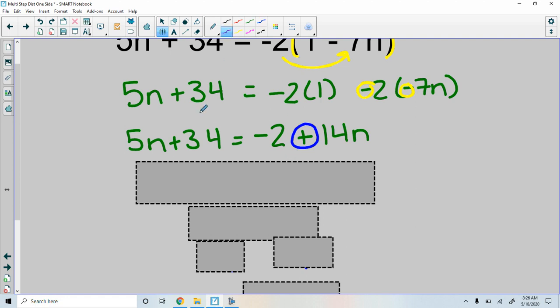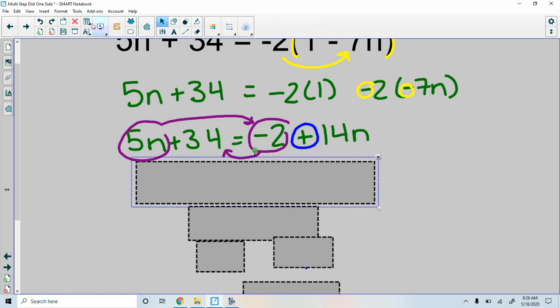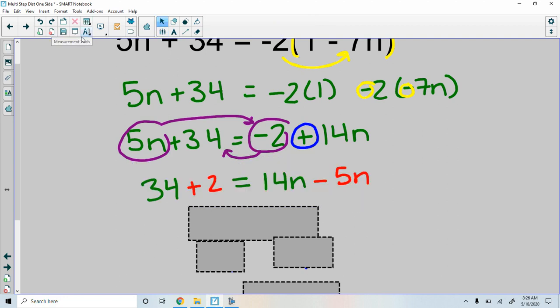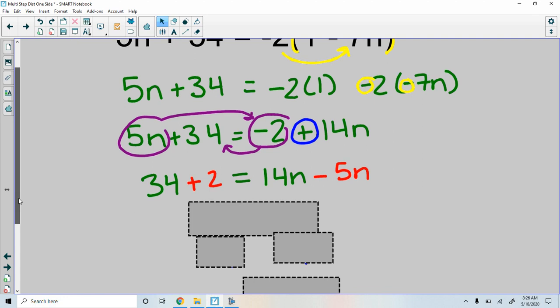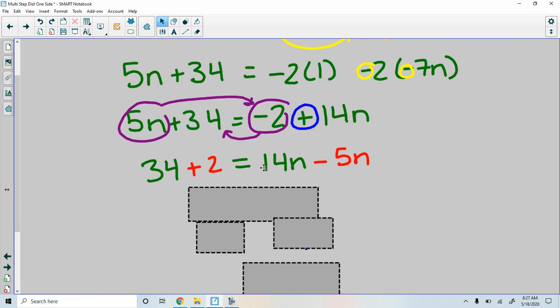And now I'm going to move my 5n to the other side, so it's going to become negative. And I want to move this negative 2 to the other side, so it's going to become positive. You'll see that right here. Notice the red numbers are the ones that I moved to the other side of the equal sign.